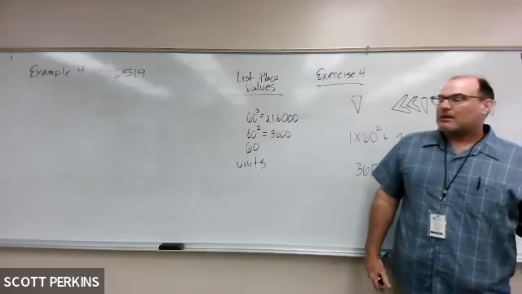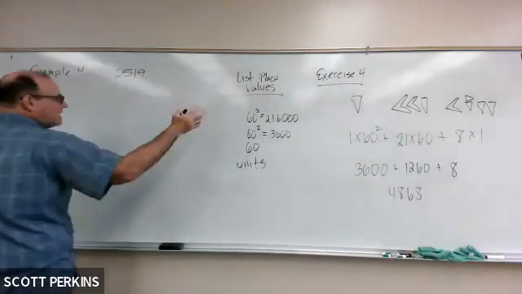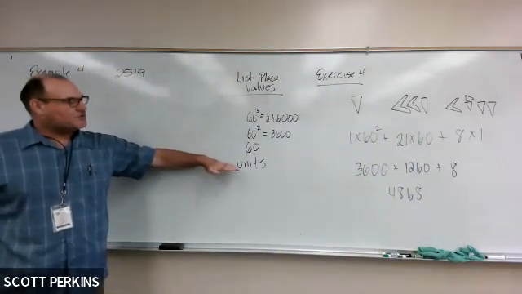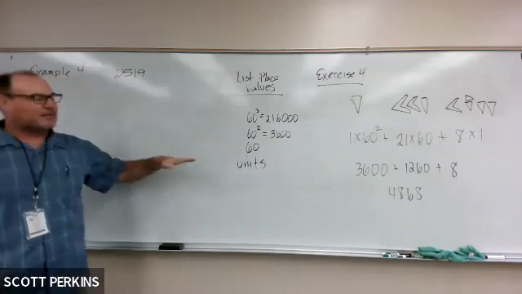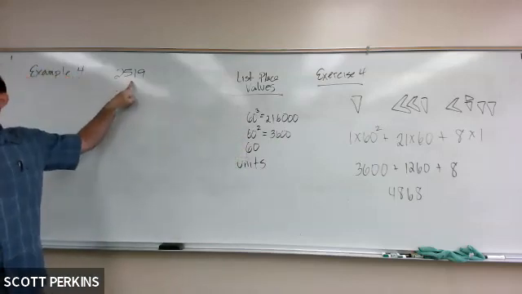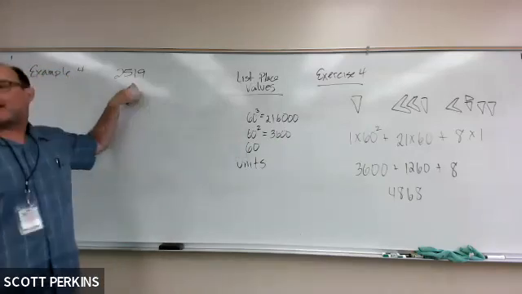Okay, so here's how you do this then. I'm going to take this base 10 number. I want to write it in Babylonian. So I'm going to start with the largest place that I can divide into 2,519. So can I divide 60 into 2,519?